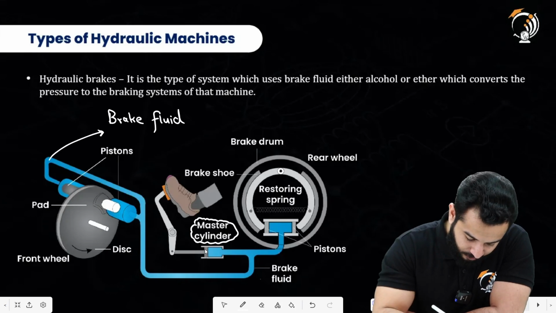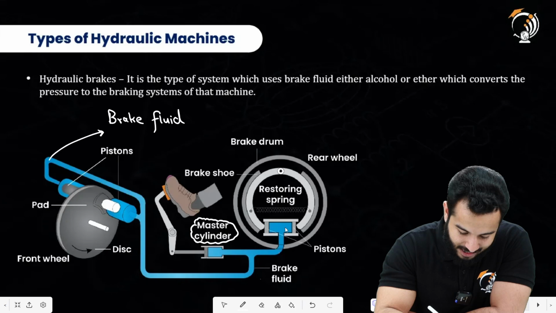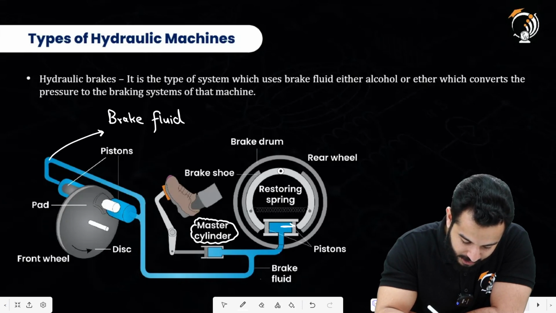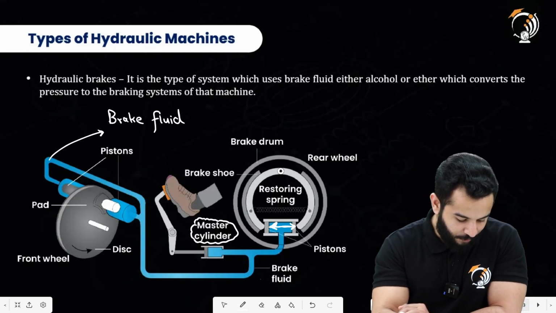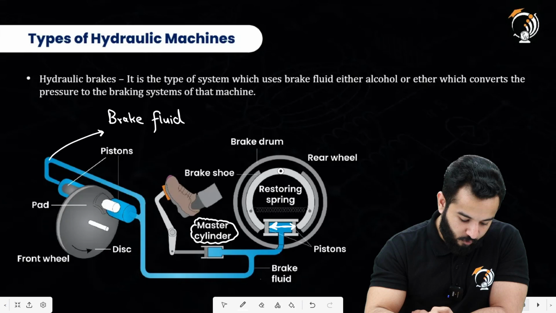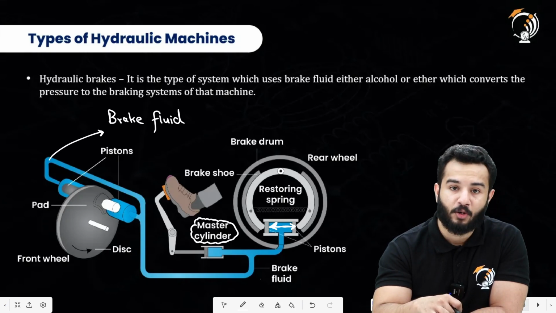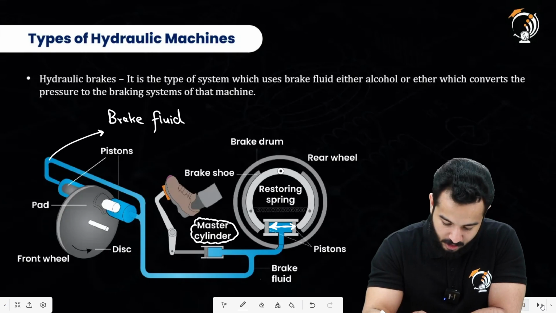Then when this piston is pushed, again the pressure is transmitted throughout the liquid, and this piston will be compressed in these directions with a larger force, and we can stop our vehicle. So that's how hydraulic machines work. We have just drawn four pistons over here, two on the front wheel, two on the rear wheel, and then we have got other wheels as well, right? So that's how hydraulic machines work.